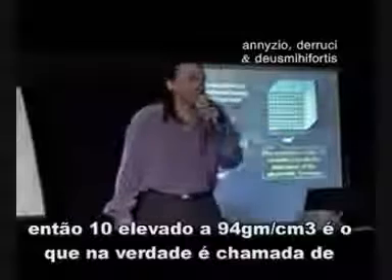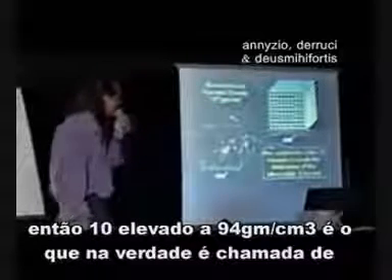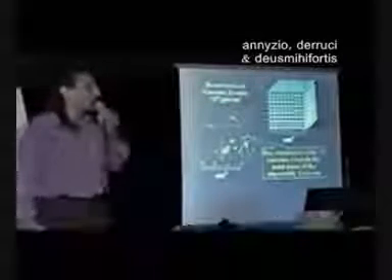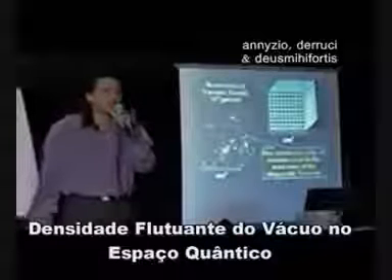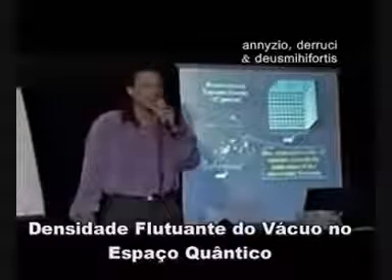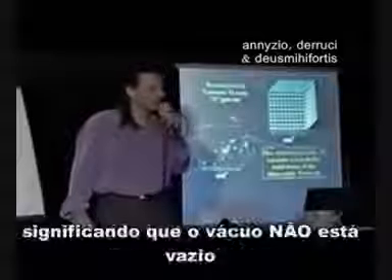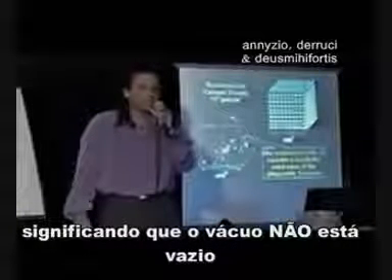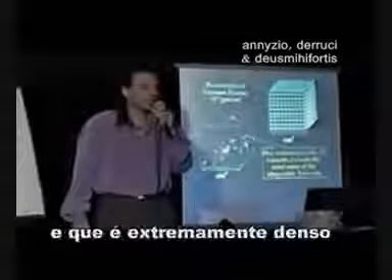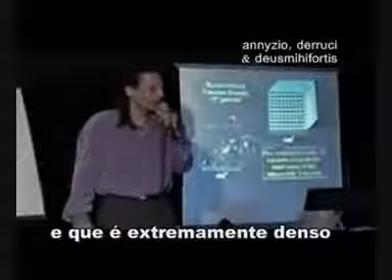So 10 to the 94 grams per centimeter cube is actually what's called the vacuum fluctuation density in quantum space. Meaning that the vacuum is not empty. It's extremely dense.